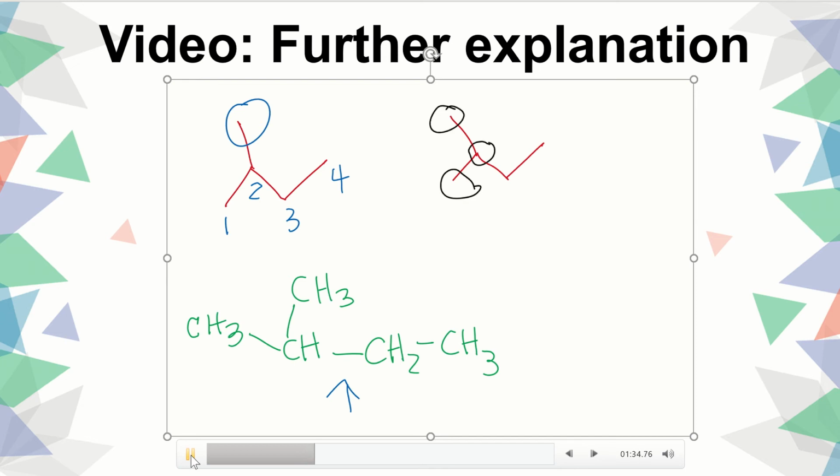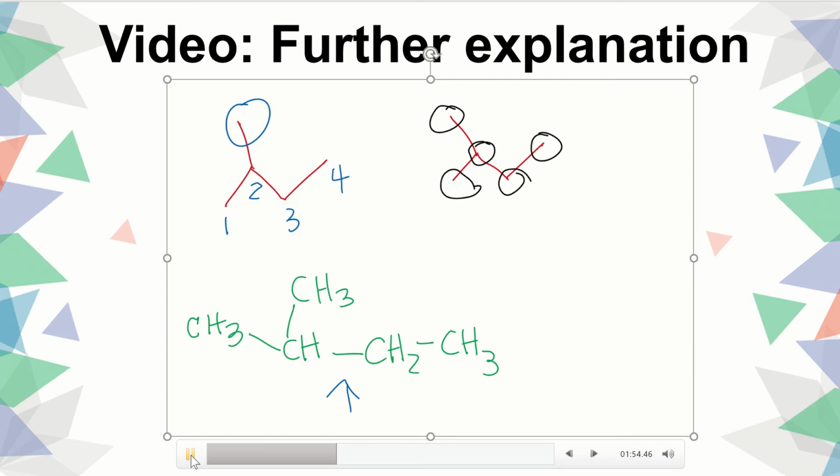At the junction here, we have a carbon, we have a carbon here, and we have a carbon here. So in total, we have 5 carbons. That's the first thing that we must appreciate, that at every junction, there is a carbon.